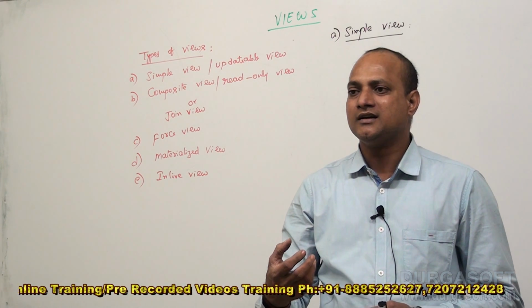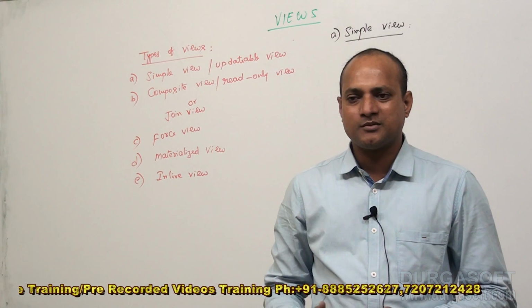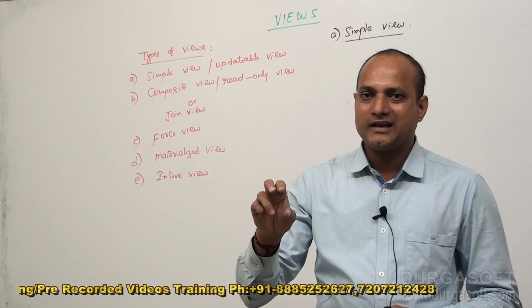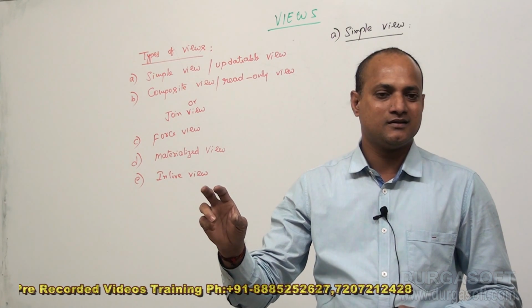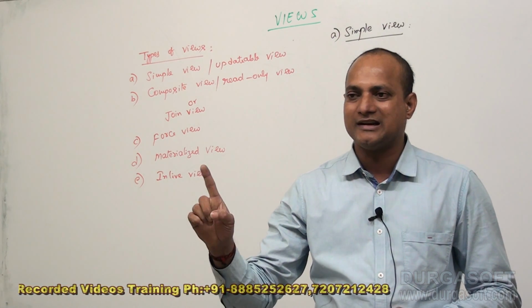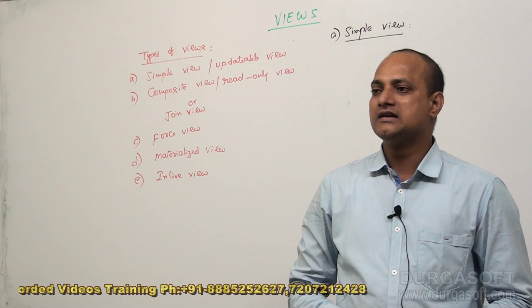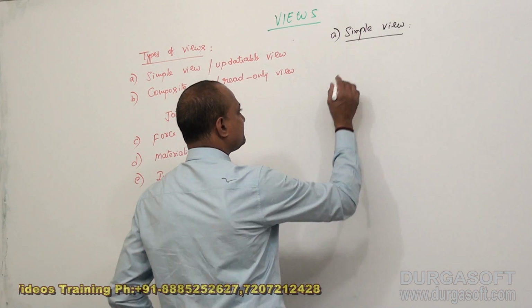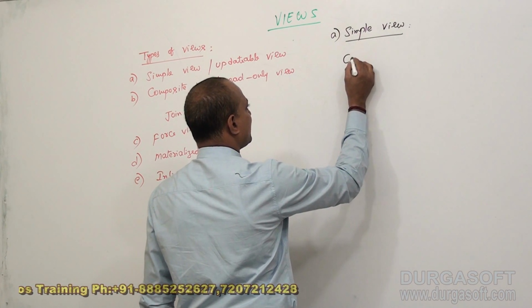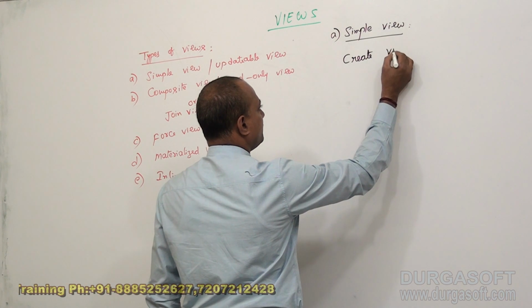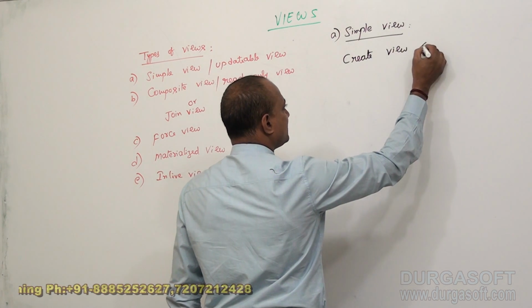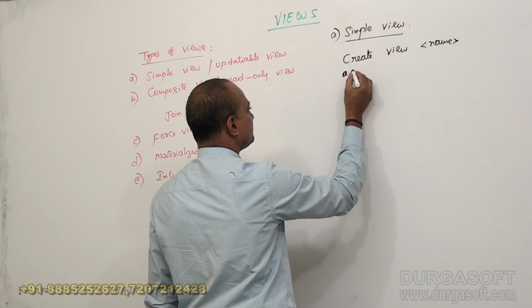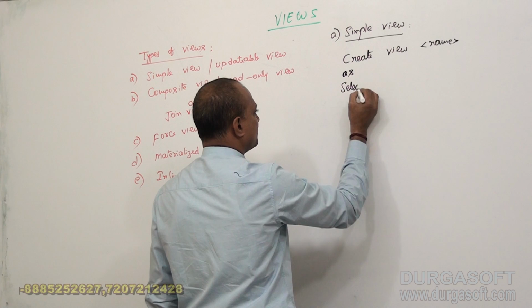The salesman data is taken from how many tables? Only one table. So you are creating a view based on the EMP table, a view based on single table data. That view is called a simple view. Let us see the syntax. Create view, and here specify the name of the view as select query.